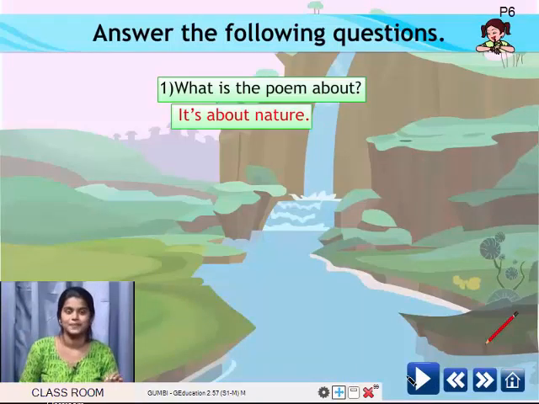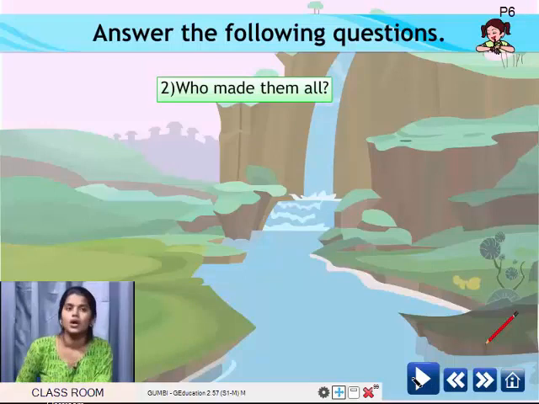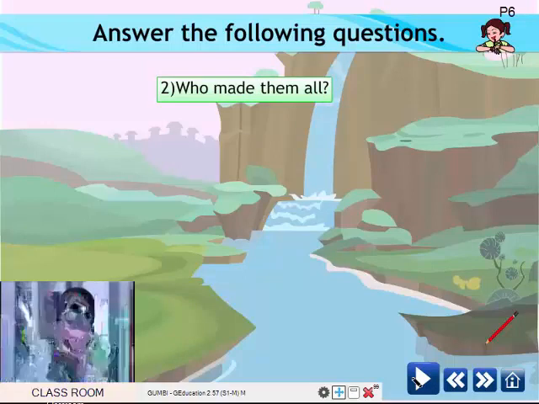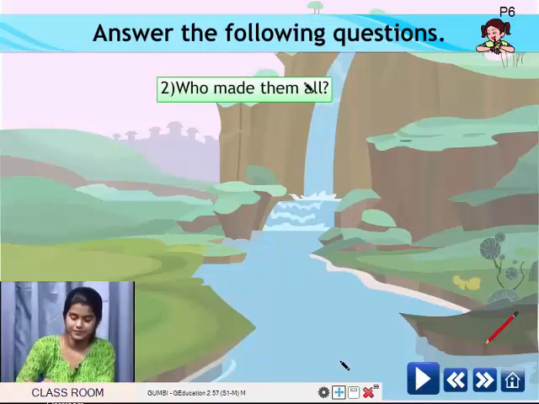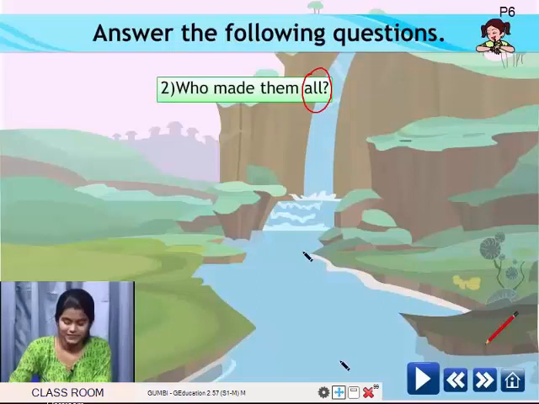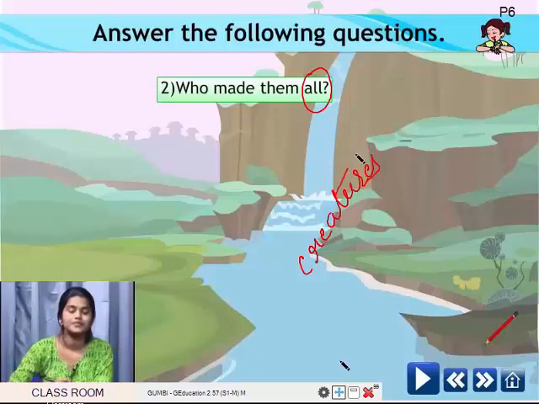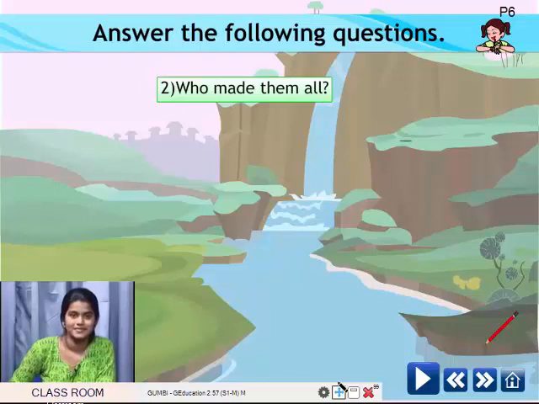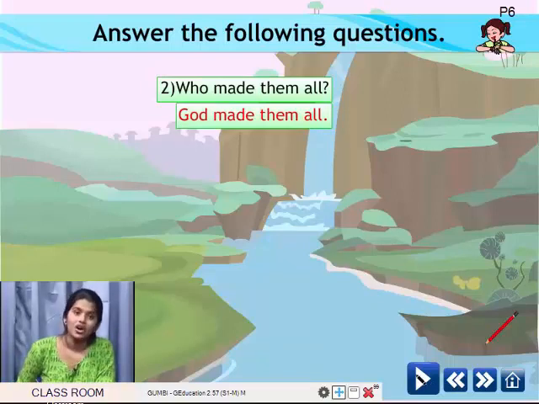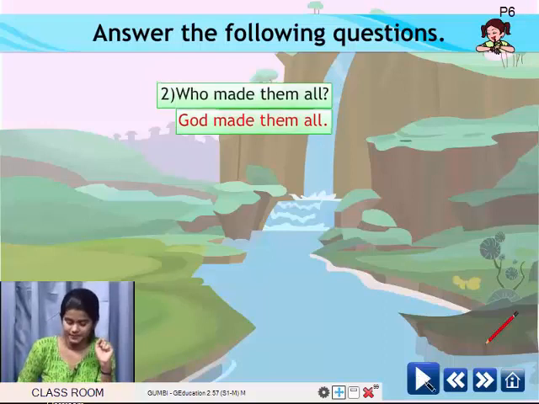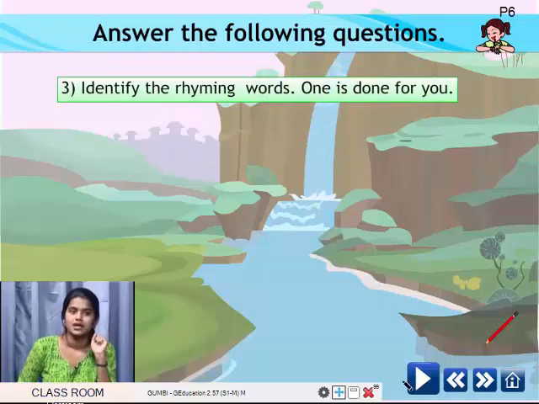The poem is about nature. Nature. And all God's creation. Who made them all? All means? All the creatures. Yes. Who made all the creatures? Who created? Who is the creator? Yes, that's right. Very good, students. God made them all. God made all the creatures.